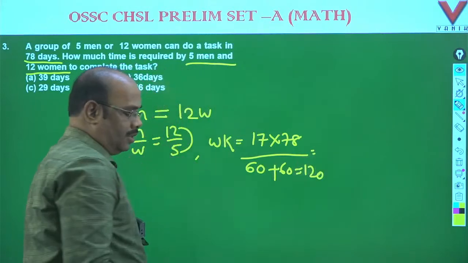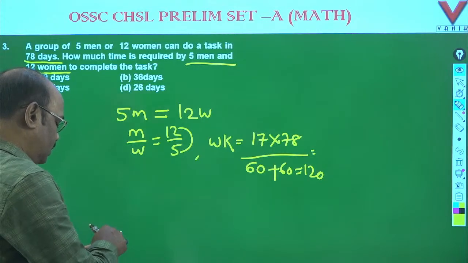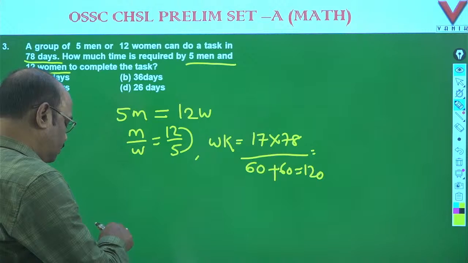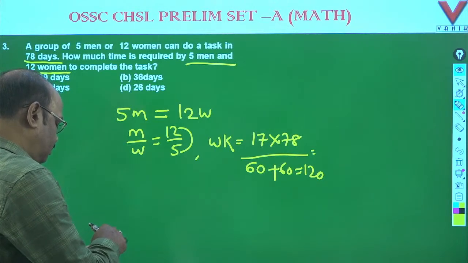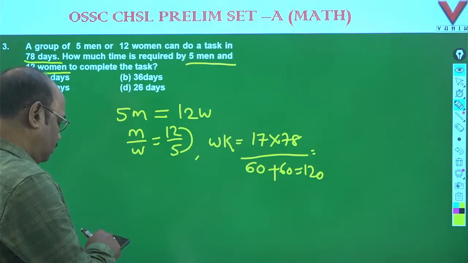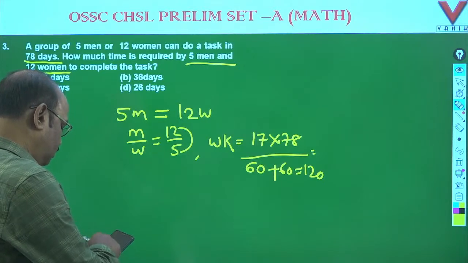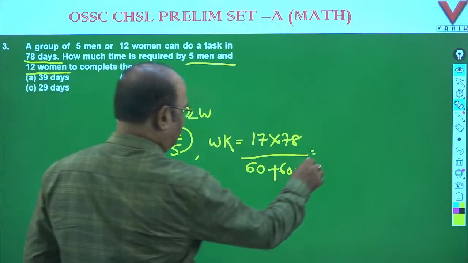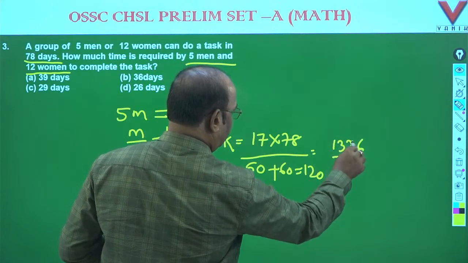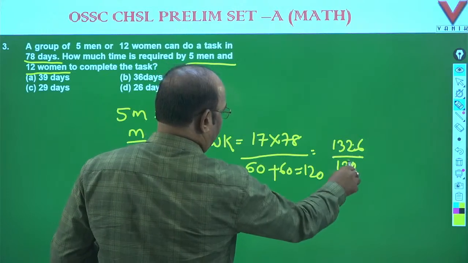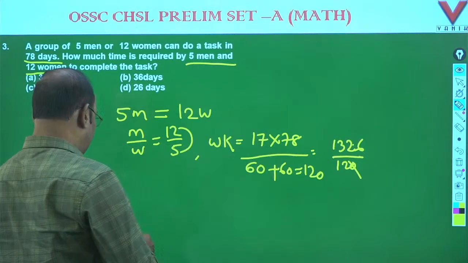Approximately, how much is coming? 17 into 78 is 1326, divided by 120. Dividing, 11 point something is coming, but the answer is not there.